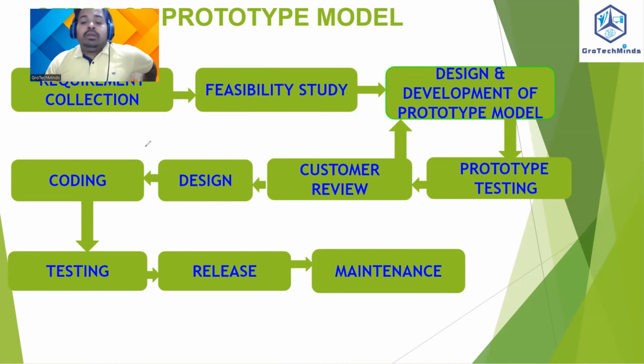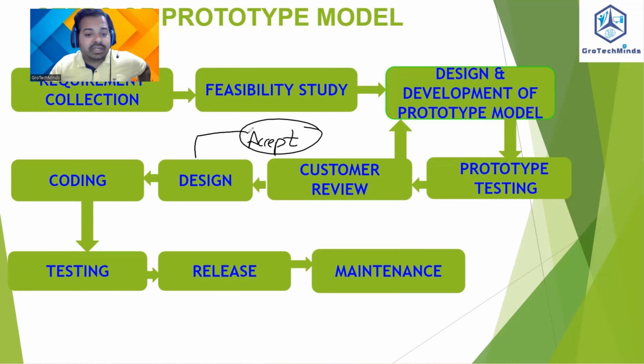Anyways, so we do the customer review. We take the review from the customer to check whether he has accepted it or rejected it. If customer accepts it, then we start with our real design.